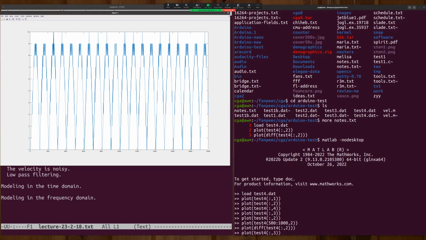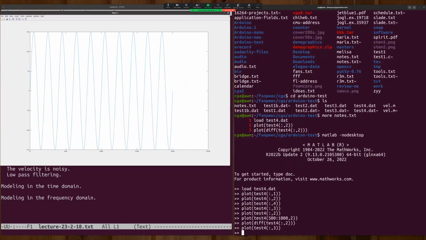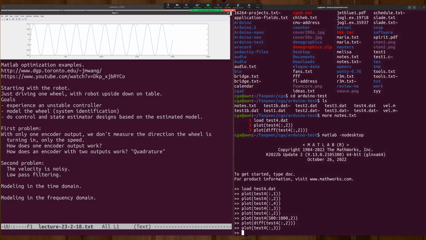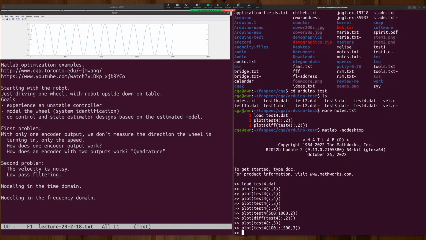And we know what we're asking the motor to do, because here's the motor command. So let's take this, move it up here. Okay, first, let me choose a set of these things, 1001 to 1500.